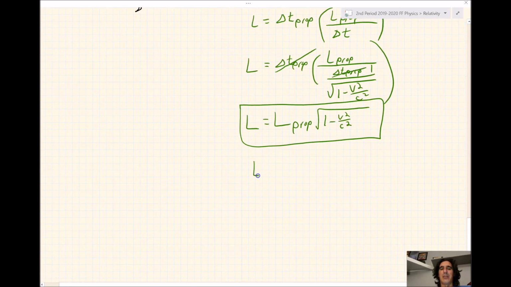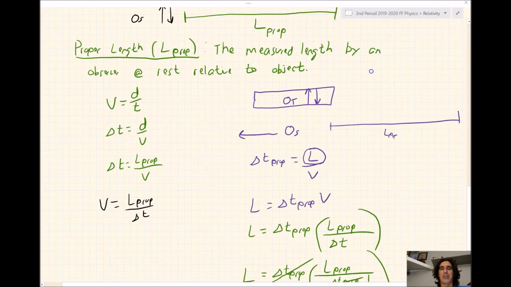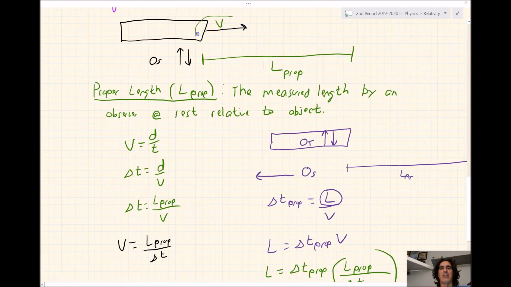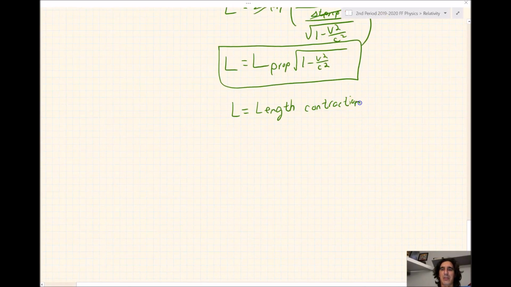This length L is the length contraction. And this is the length contraction as a result of the moving object. So it's going to travel a shorter distance due to the fact that it's moving.